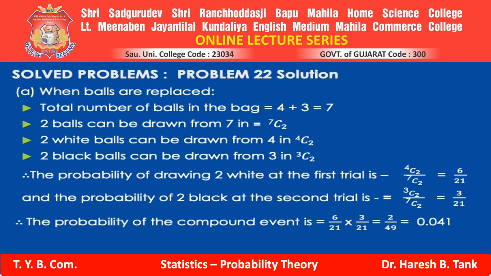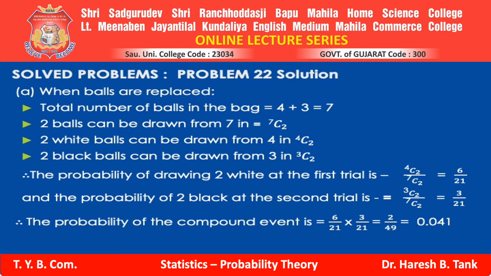Okay. Two balls can be drawn from 4 in 4C2 different ways. Two balls can be drawn from 3. What I am talking about is black ball. That can be done in 3C2 different ways.